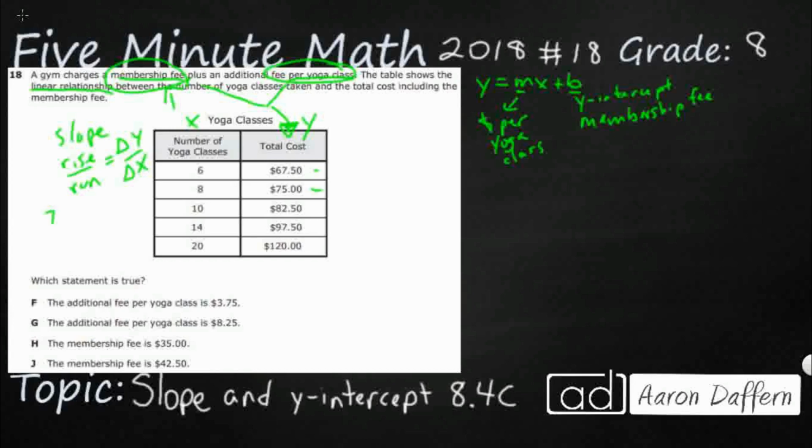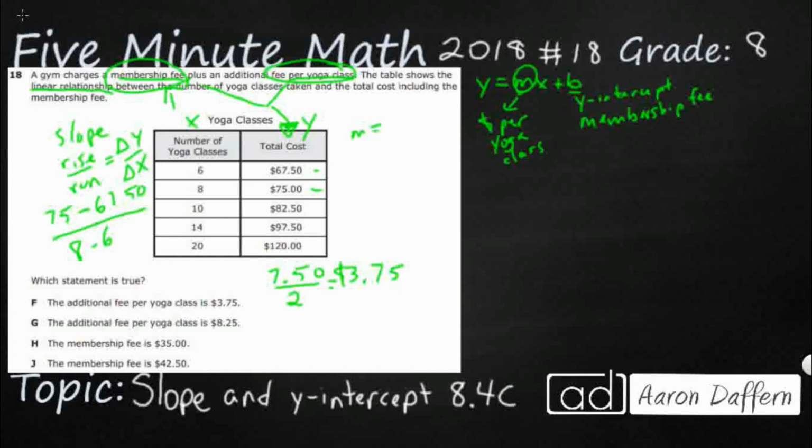So I'm going to do 75 minus 67.50. And then I'm going to do two different x's, 8 minus 6. All right, so that looks like it's going to be 7.50 over 2. So, all right, that's not too bad. Looks like you've got 3.75 per yoga class.